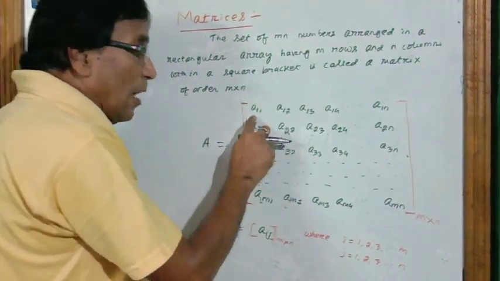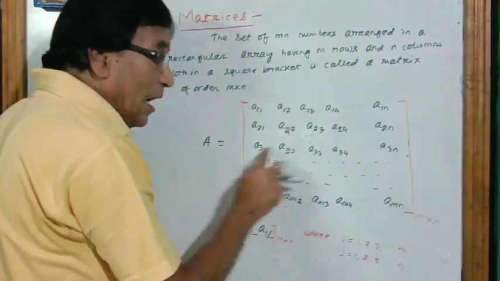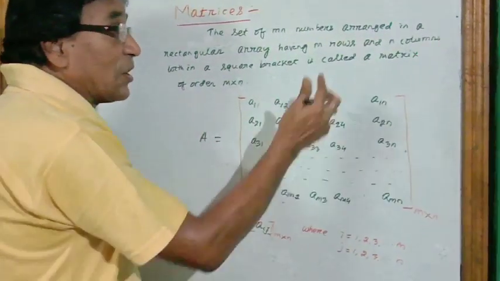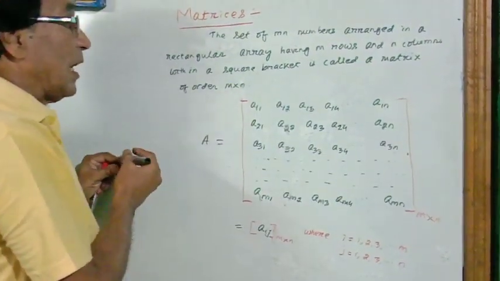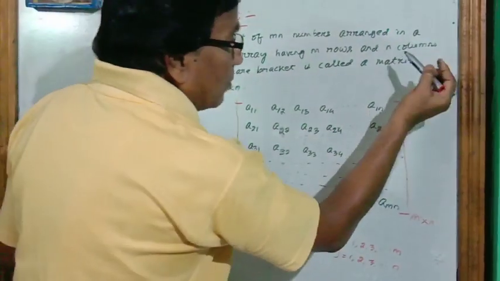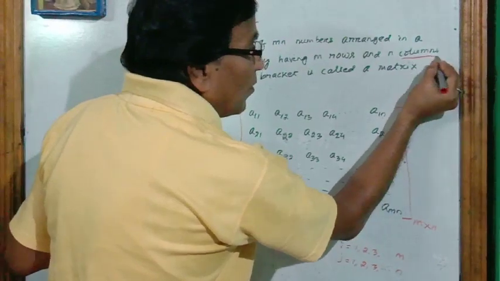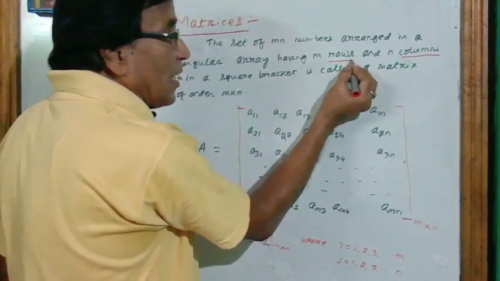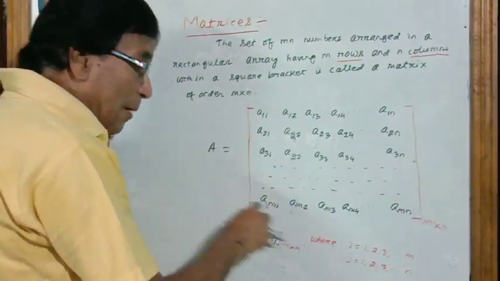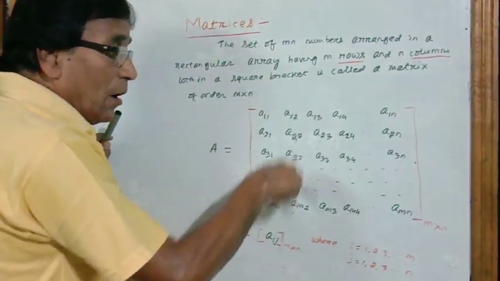Here you see that the horizontal lines are called rows. Vertical lines are called columns, and horizontal lines are called rows. So how many rows are there? M rows are there. How many columns are there?